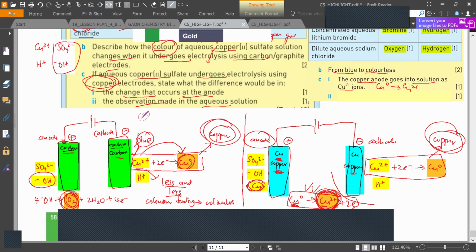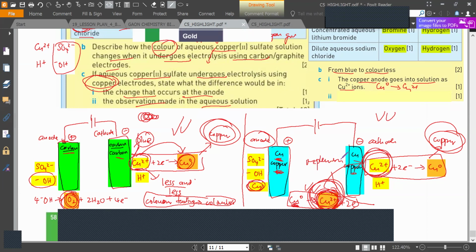Just now in the first situation, the copper 2 plus is getting less and less, so the color will turn from blue to colorless. But here, we are using up copper 2 plus, but now we are making new ones. So it is replenished.